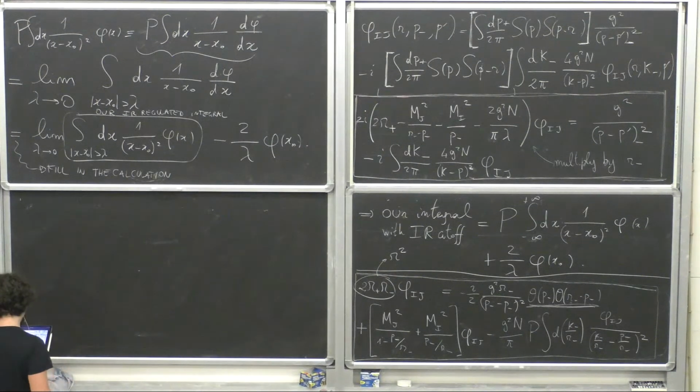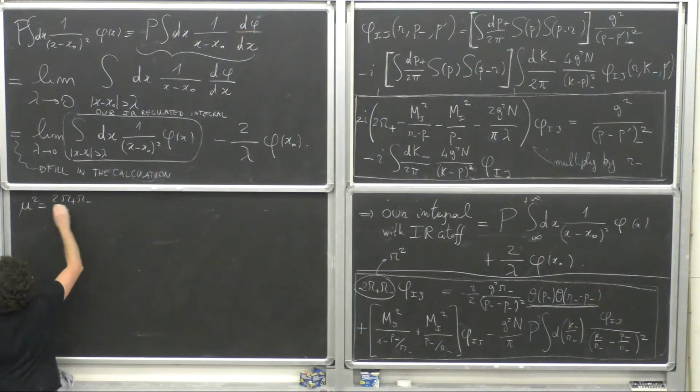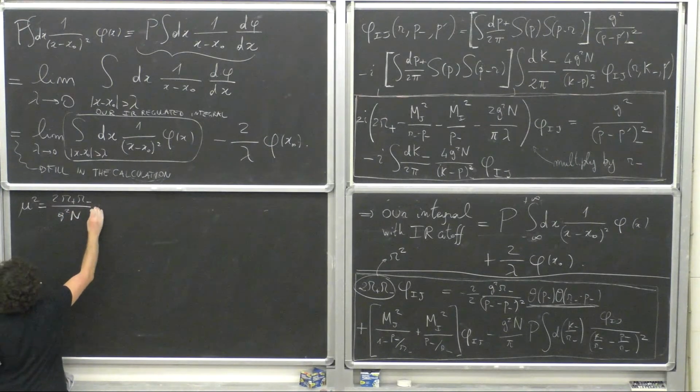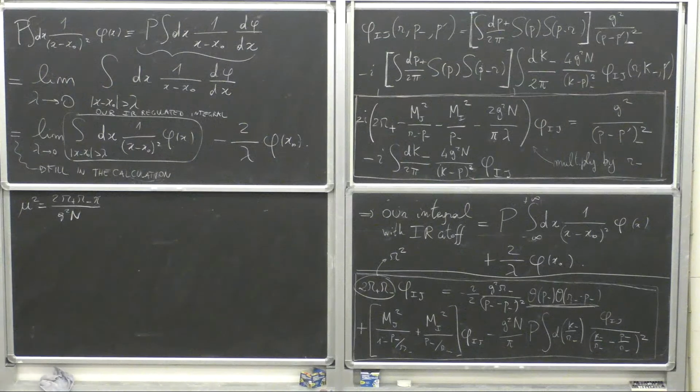Let's call mu squared the object we want to find, the mass of the meson in units of our coupling. You see this is a dimensionless combination because, remember, G squared has units of an energy squared.